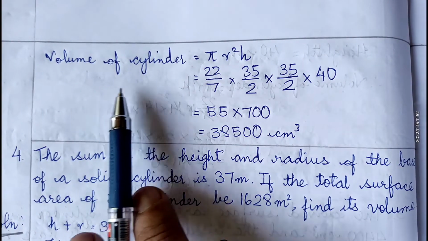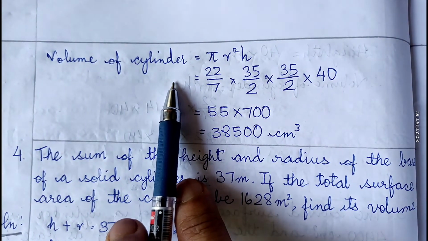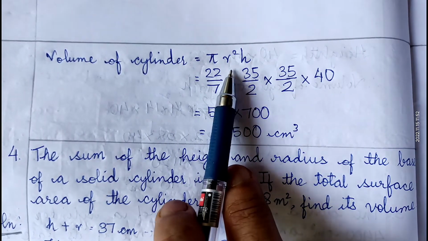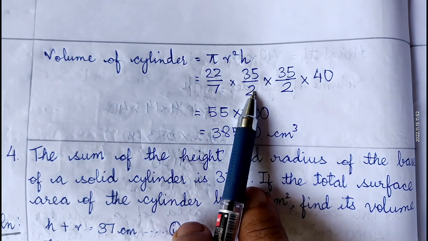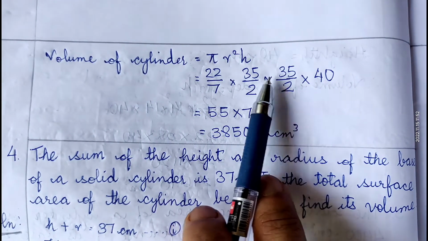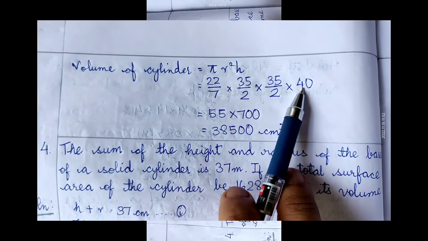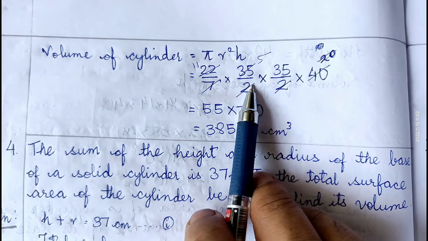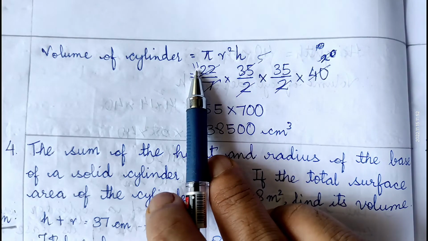Now we have to calculate the volume of the cylinder. Volume of the cylinder formula is pi r square h. Pi is 22 by 7. Radius already we got 35 by 2 into 35 by 2 because it is r square, so we have to write twice, into height also we got 40. This 35 can be cancelled by 7, it will become 5. This 2 and 22 can be cancelled, it will be 11.